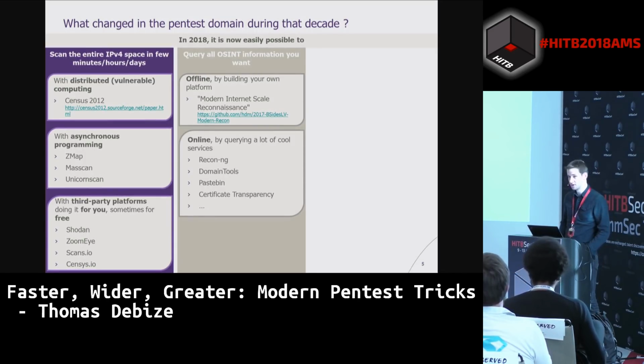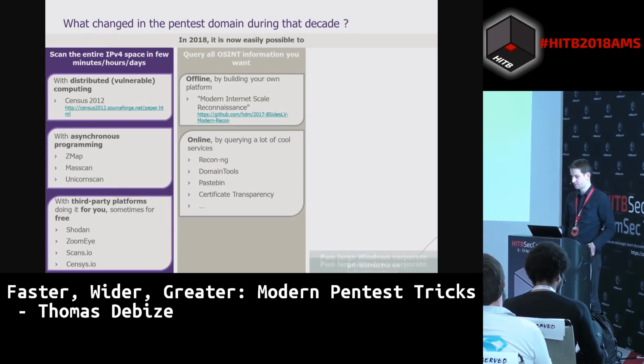And then some online services, I guess. I hope you all know the tool Recon-ng, which is based on different modules. Those modules query, not the main tool because it's closed and not a free platform, but certificate transparency, HackerTarget, and so on. So again, with online services, you have a lot of OSINT information.